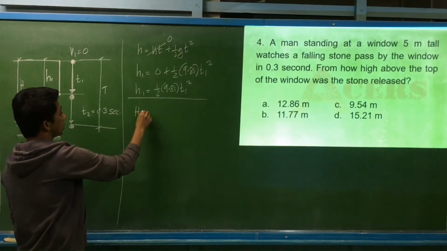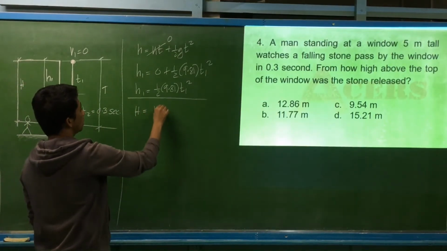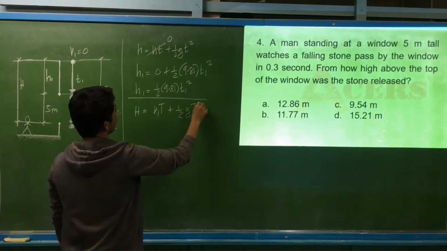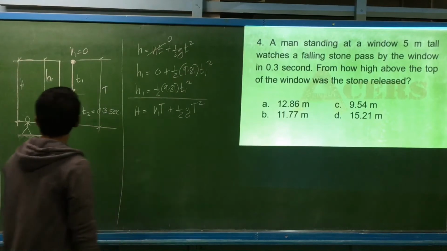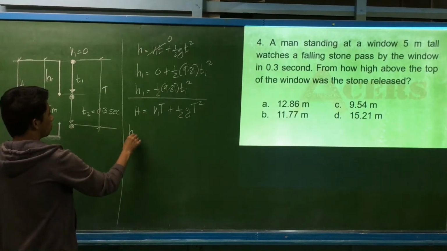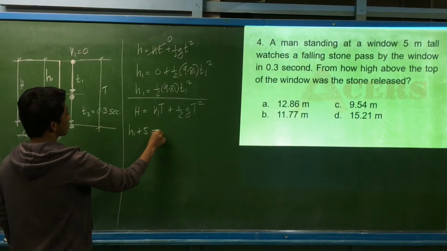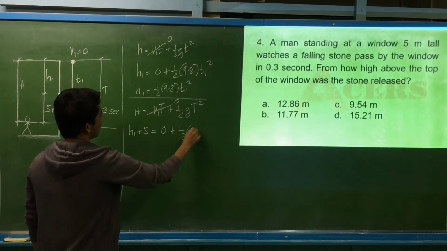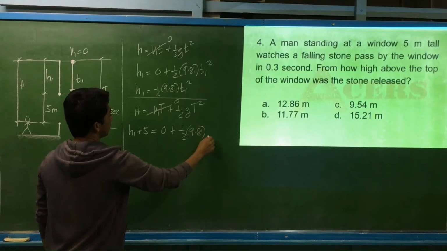We have the total distance is equal to initial velocity times total time plus 1/2 g total time squared. What is the equivalent of the total distance? That is basically h1 plus 5 meters. So that is h sub 1 plus 5 meters equal to initial velocity is 0 plus 1/2 of 9.81.